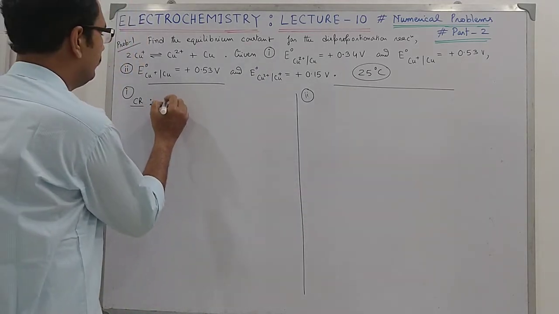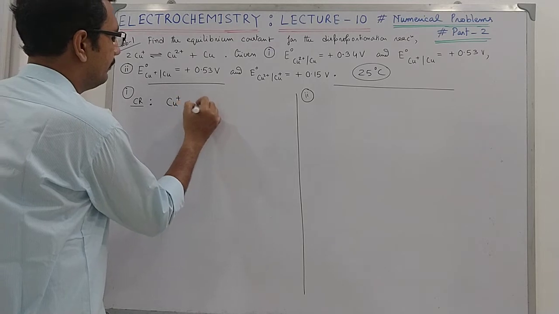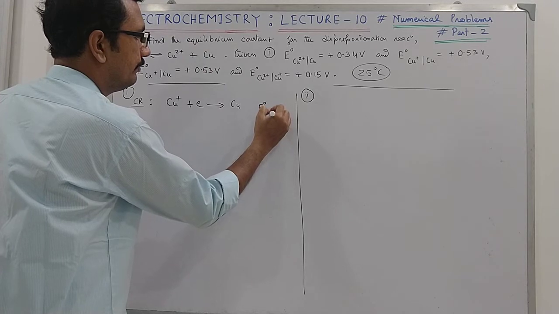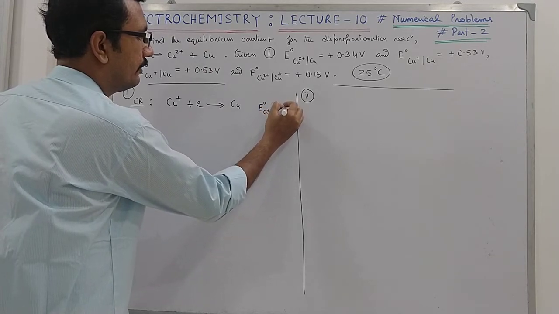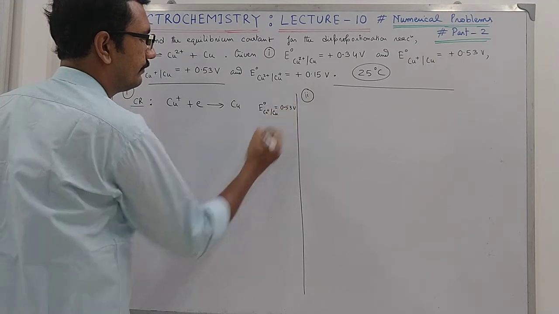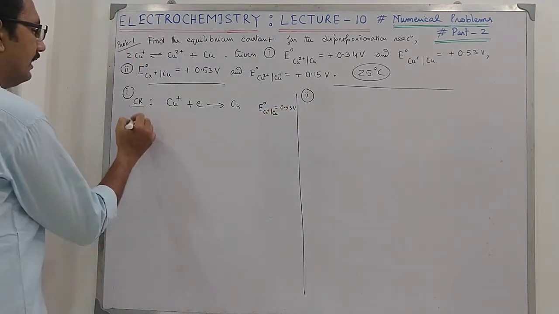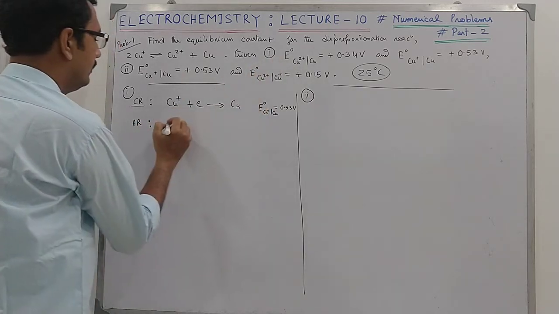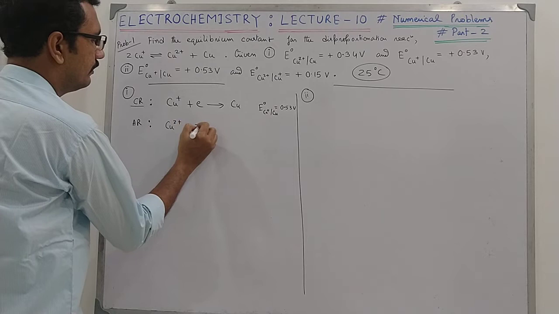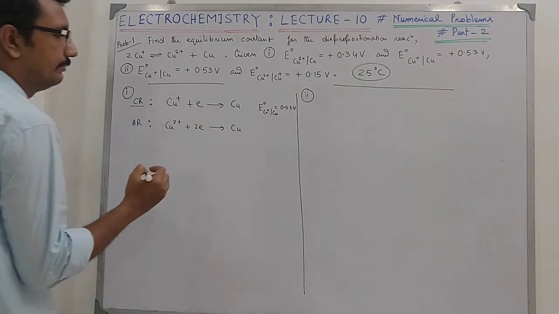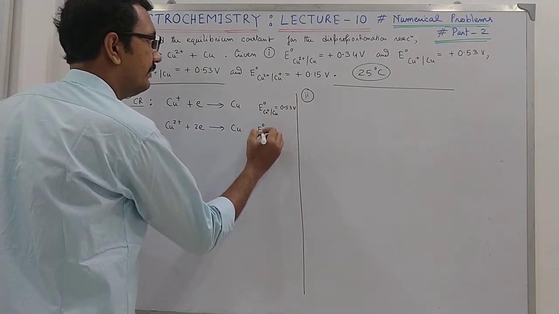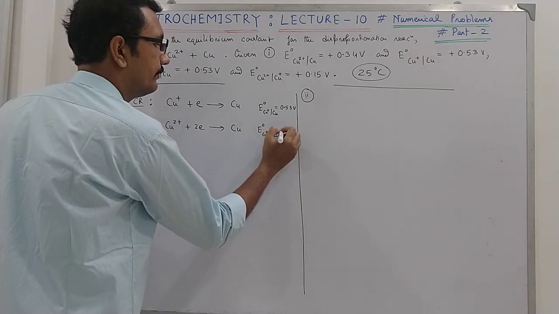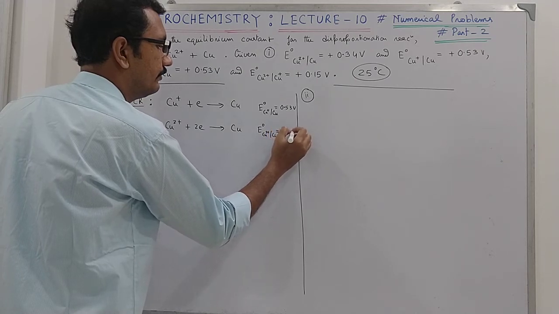So the cathode reaction will be simple Cu+ + e- → Cu, and the voltage is E0 Cu+|Cu = 0.53 volt, this one. And the anode reaction, what is the anode? It is Cu2+ + 2e- → Cu, and the standard EMF is E0 Cu2+|Cu = 0.34 volt.